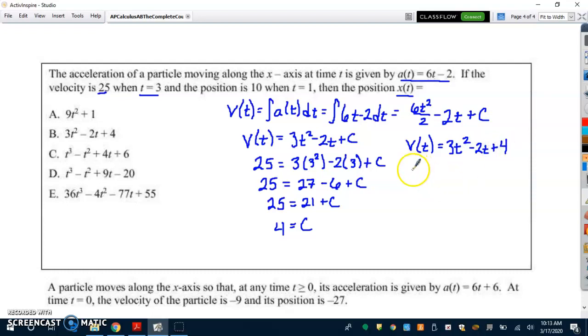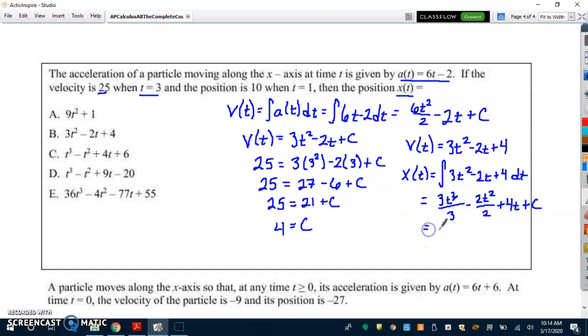Well, in order to get x, I've got to integrate that. To get my position function, I'm going to have to integrate 3t squared minus 2t plus 4 with respect to t. So we've got to do another integration here. That's going to equal 3t cubed over 3 minus 2t squared over 2 plus 4t plus c.